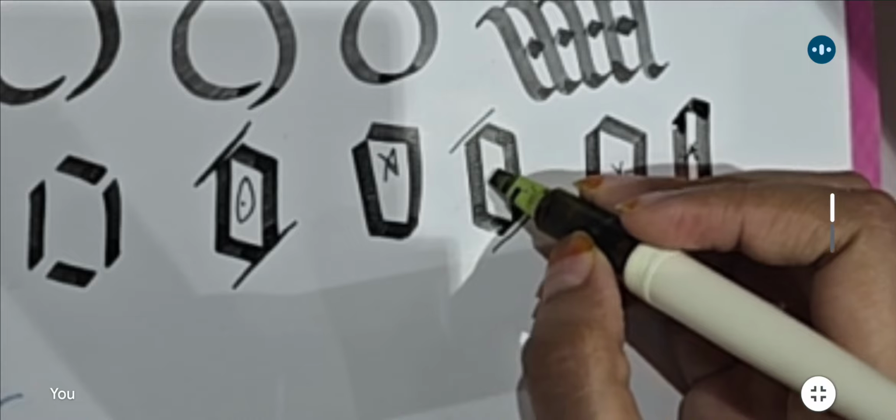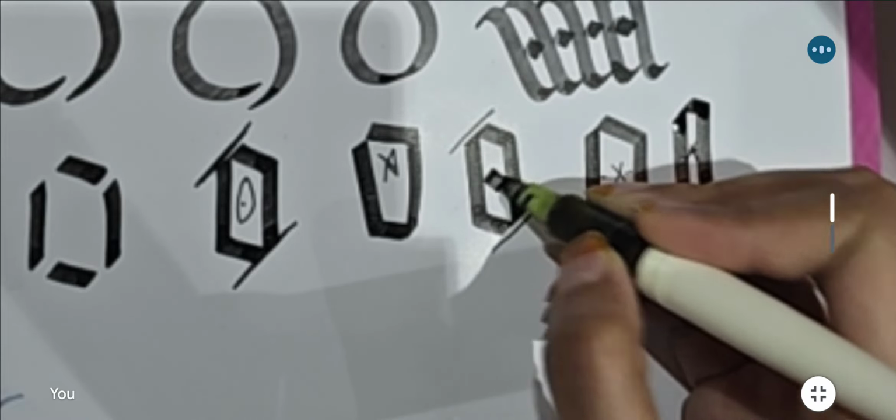So you need to give a space according to this one diamond. One diamond should fit inside. Okay? Are you getting what I'm saying? If you find any difficulty in understanding or anything, let me know. I will make sure to simplify it. Okay?